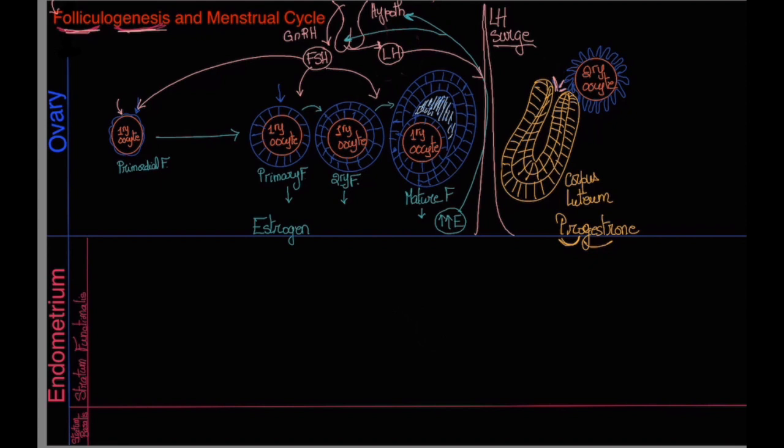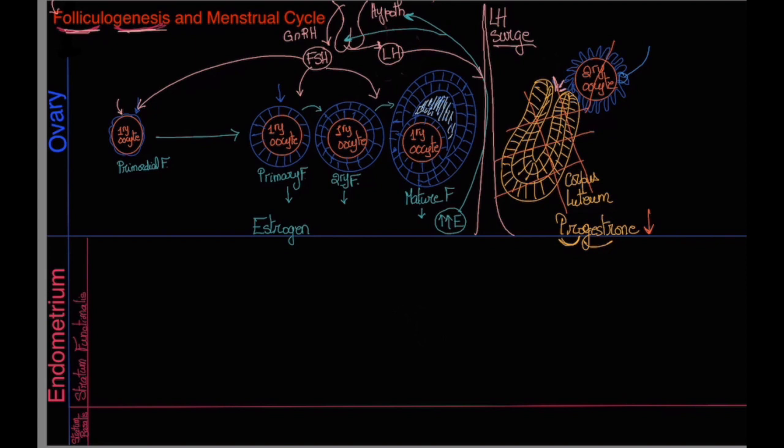If no fertilization of this egg, no penetration by a sperm, so no sperm did bind to this secondary oocyte that was ovulated, this will result in atresia of the ovulated egg, and the corpus luteum is also going to be broken down, and this will result in a drop in the progesterone levels.